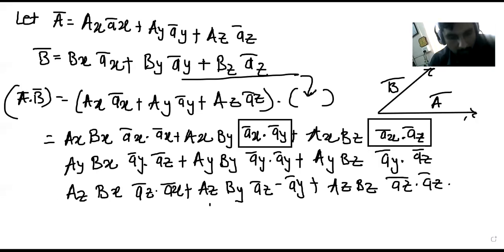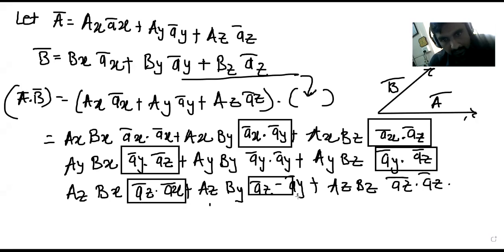Similarly, I have two more terms here, this one and this one. The answer of these two terms is 0. Also, this one and this one. The answer of these two terms is 0.